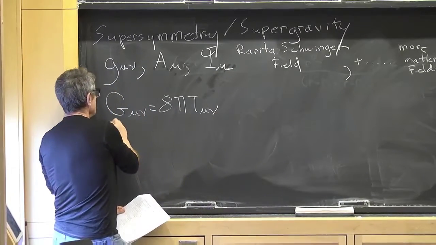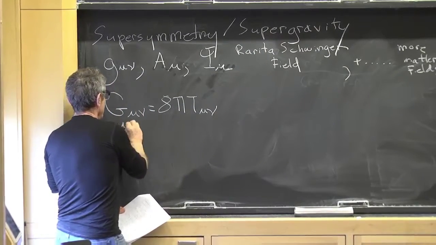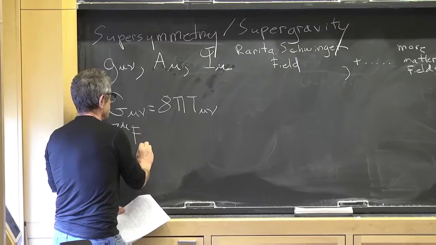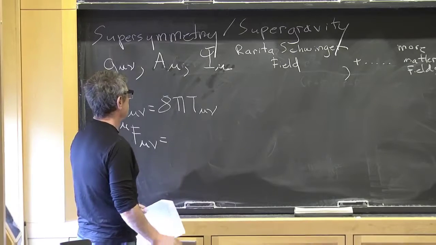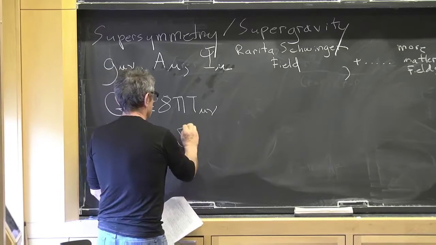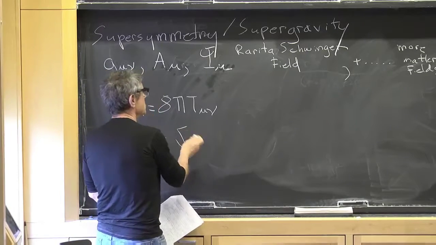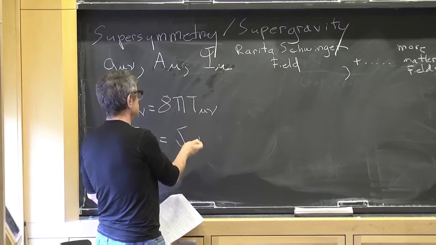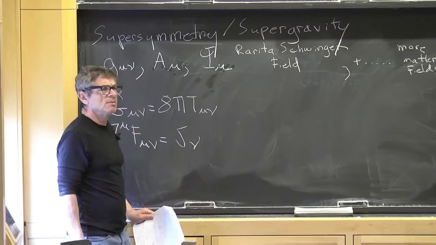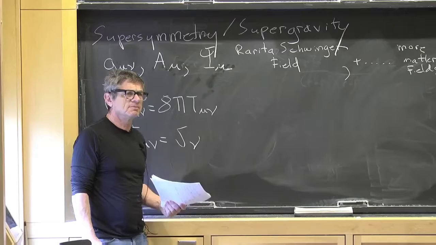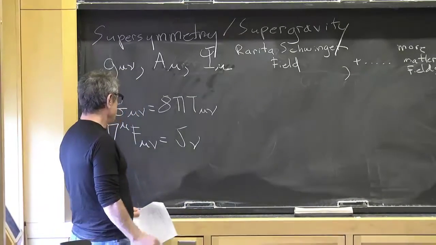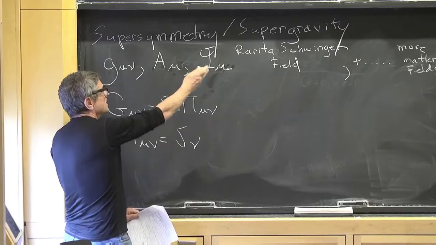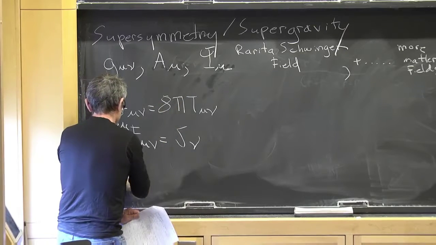So then we would also have, for A, a Maxwell equation, d mu F mu nu, and there would be some current J nu. Well, in pure Einstein-Maxwell theory, that's 0, but if we have charged fields around, there's some non-zero current. And then finally, we need an equation for psi.